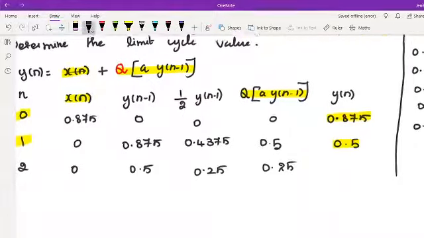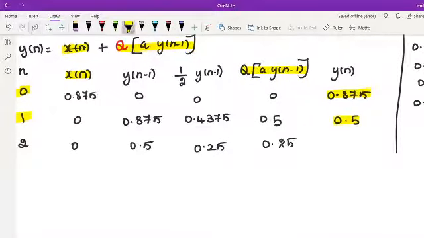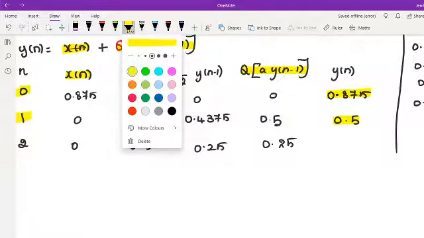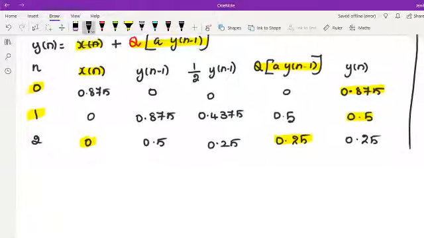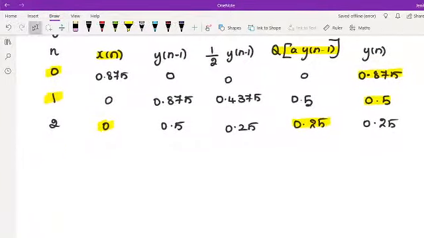So now y of n is equal to this x of n plus this quantization value a into y of n minus 1. That is 0 and 0.25. When you are adding, we will get this answer as 0.25. Now the next one, because till now we don't get any repetition, right?